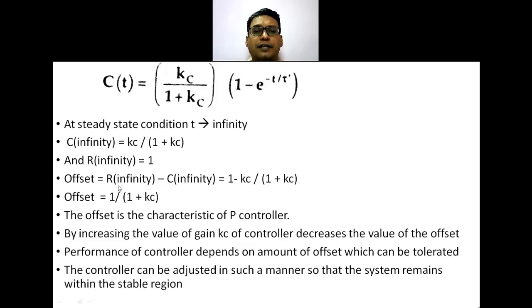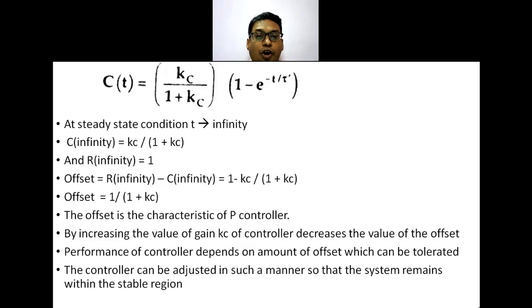So offset is nothing but R infinity minus C infinity, the difference in the magnitude of the set point and the controlled variable at steady state condition. R is your set point.